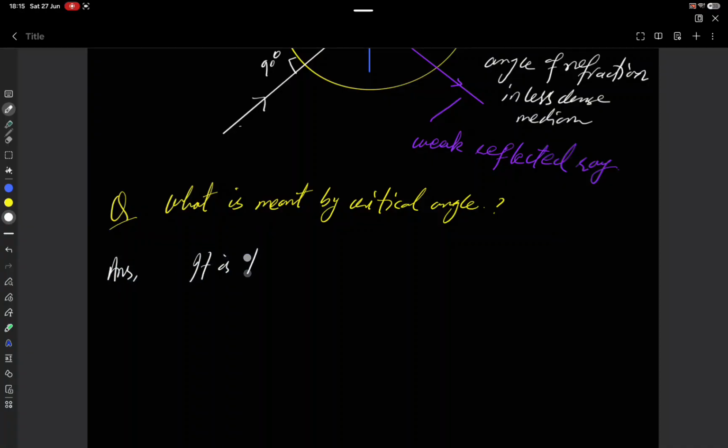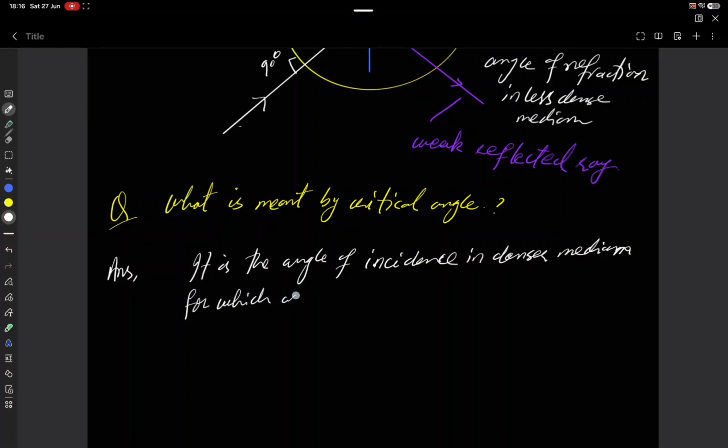It is the angle of incidence in the denser medium for which the angle of refraction in the less dense medium is 90 degrees.